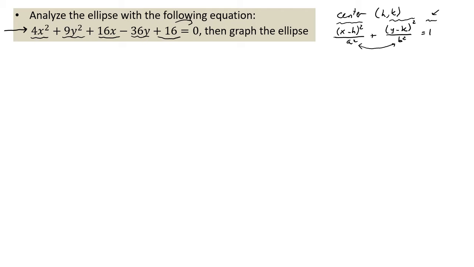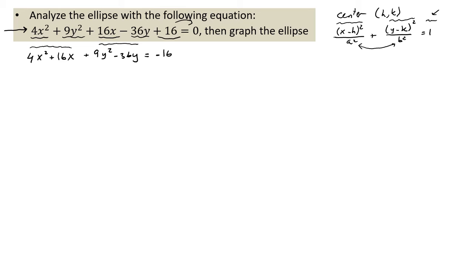So reorganizing this, we have 4x squared plus 16x plus 9y squared minus 36y is equal to negative 16. That's the first step. Next, we're going to want to complete the square for the x values and for the y values.